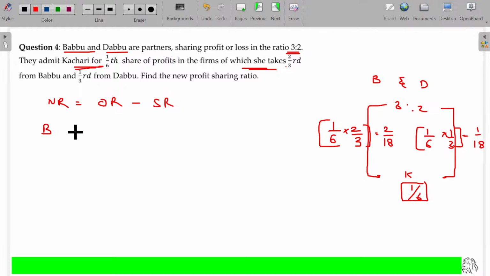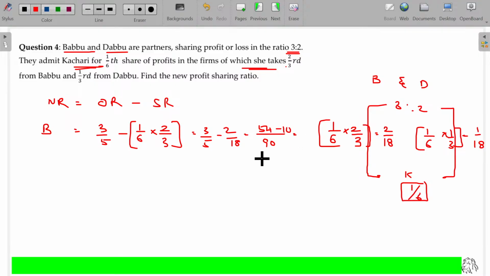For Babu, old ratio being 3/5 minus what he sacrifices, out of K's ratio 2/3 is given, which is equal to 2/18. So 3/5 minus 2/18, take the LCM, 90, I think, 54 minus 10, so final answer being 44/90.